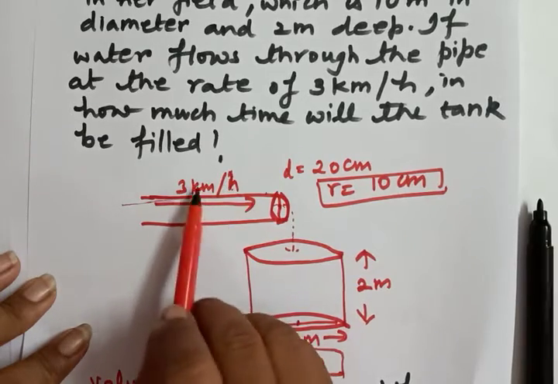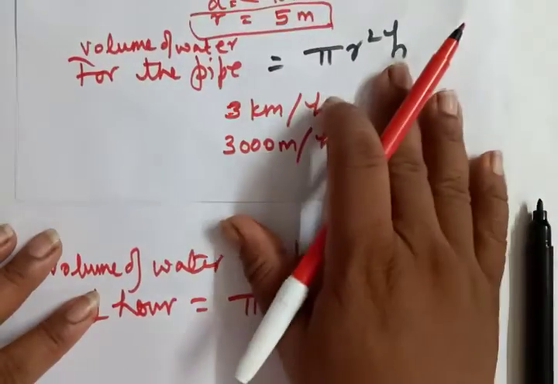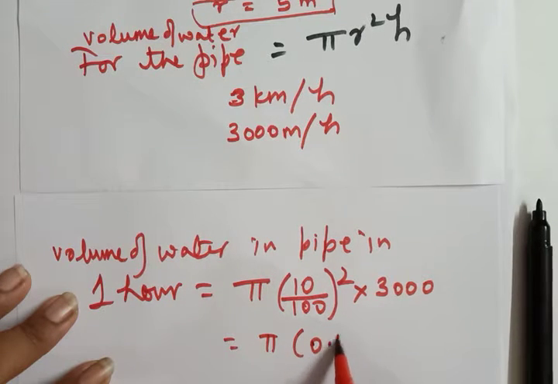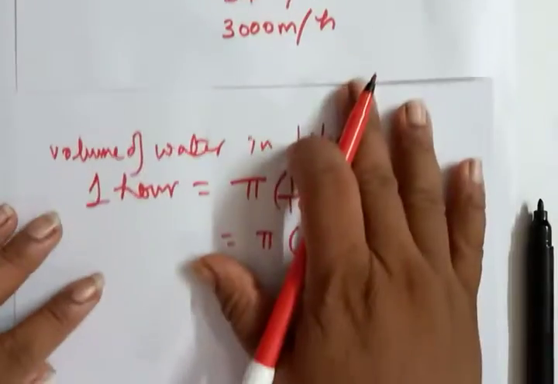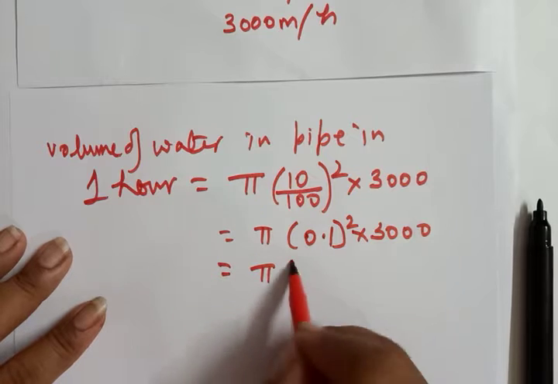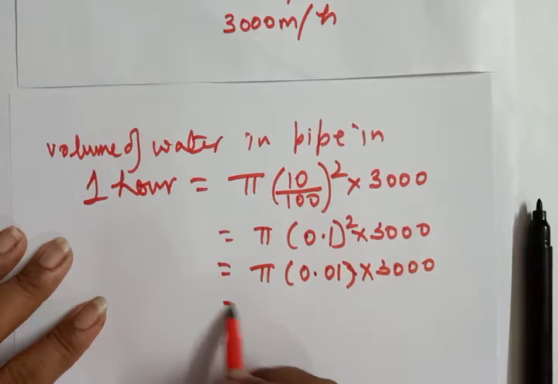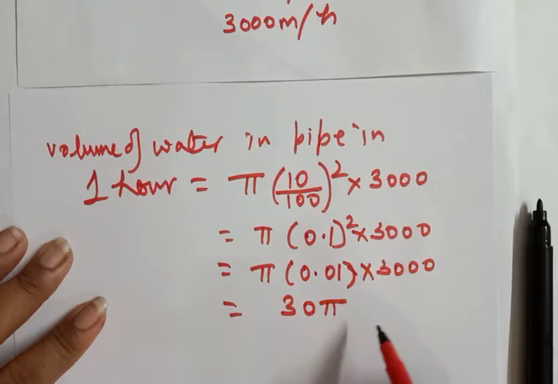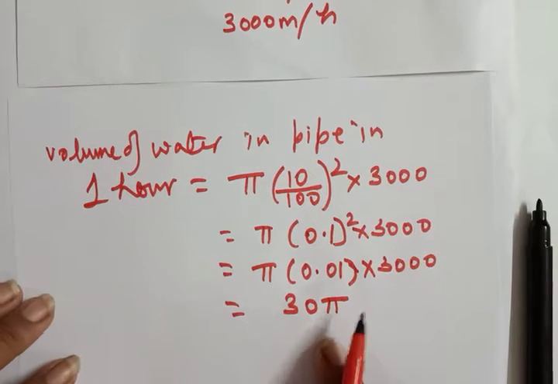For 1 hour it will be 3 kilometer, which we have already converted into meters. So pi into 0.1 square into 3000 is equal to pi into 0.01 into 3000, that is equal to 30 pi. So that is the volume of water in 1 hour in the pipe.